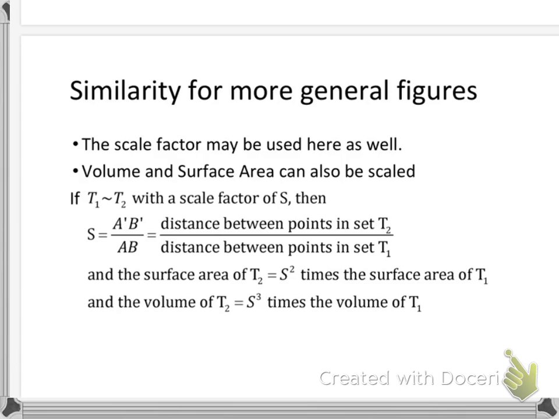It's going to be in the squared scale factor, because surface area is squared, just like regular area is squared. What about volume? Volume is given in cubic units, and therefore you can probably guess that the scale factor will be cubed between 2 figures that you know are similar.